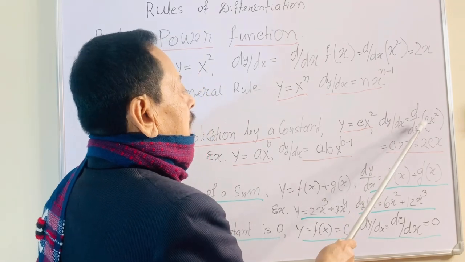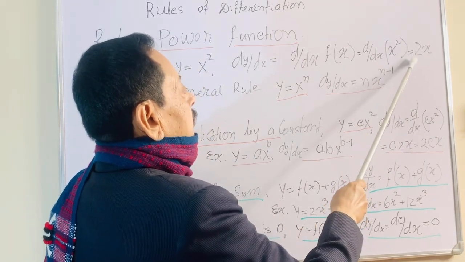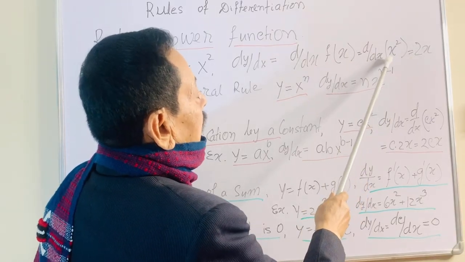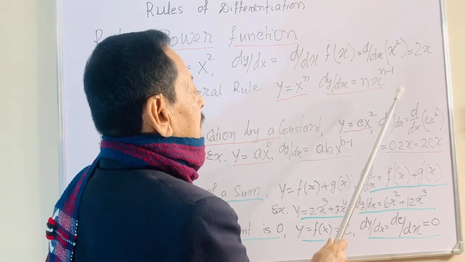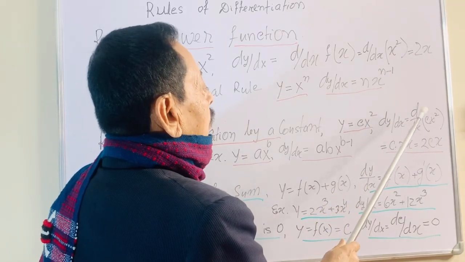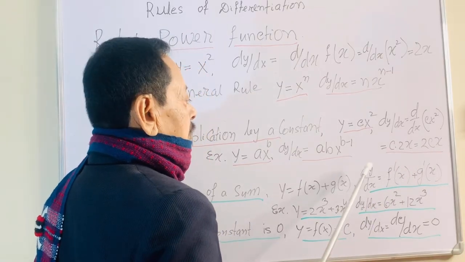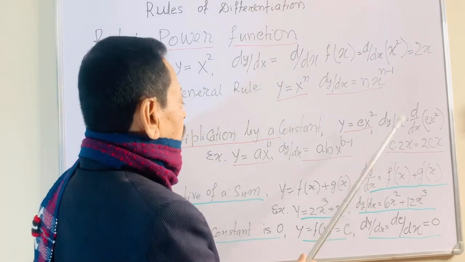That means the derivative we got without the constant should be multiplied by the constant itself. Then it will be 2cx, multiplied by the constant.